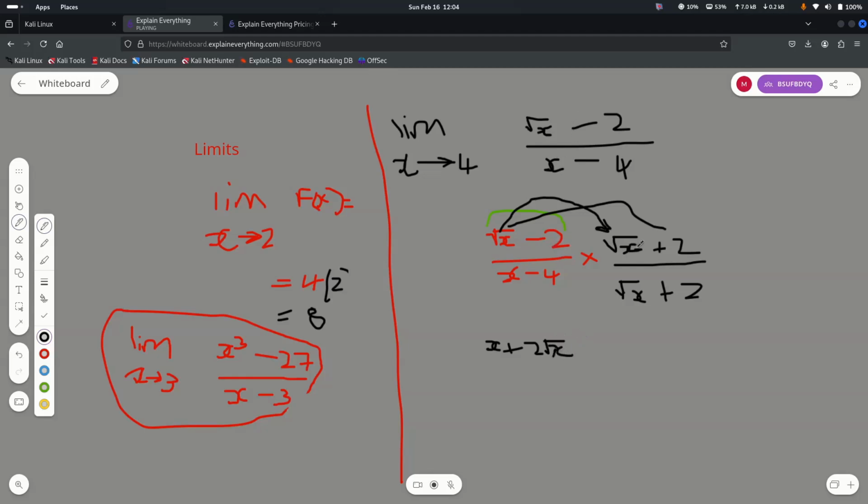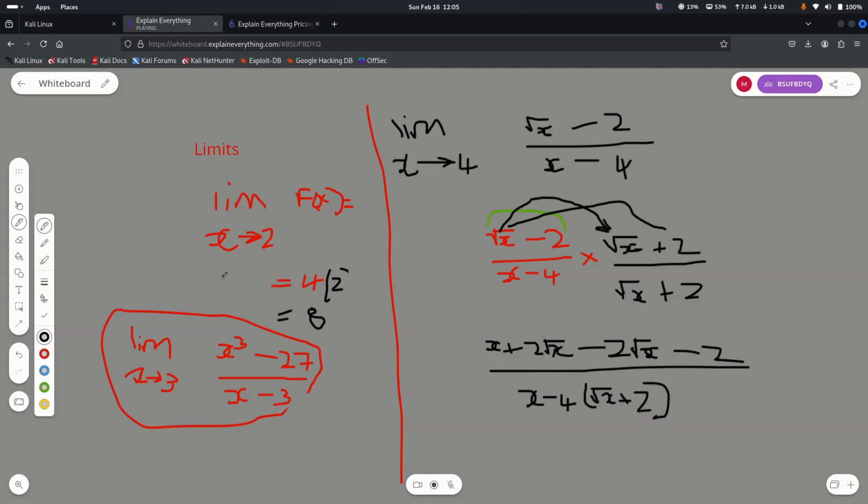Then we multiply this one by this one, it is going to be minus 2 square root of x, and we multiply this one by this one, it is going to be minus 2. So I think now you get the concept, and on below here we are just going to leave it as it is. We are not going to multiply anything here. Multiply by square root of x plus 2, the conjugate on this side, we are not using it, right?